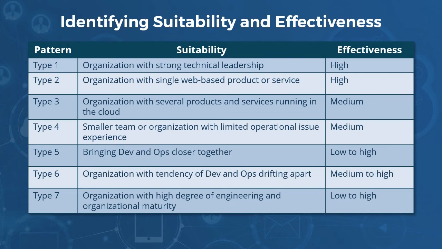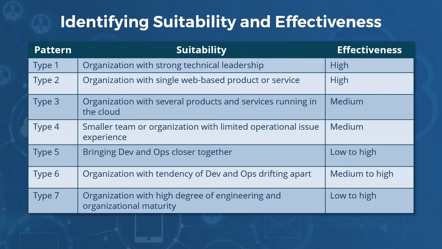Type 2 is all about organizations with a single web-based product or service, but yes, effectiveness is equally high. Type 3 is suitable for organizations with several products and services which run in the cloud. Effectiveness will be medium because you need cloud providers to also be part of your team.